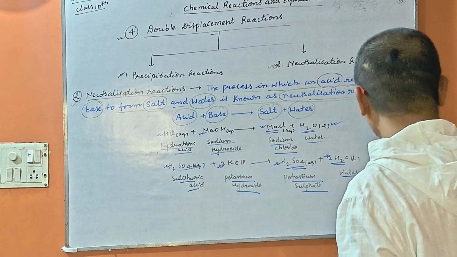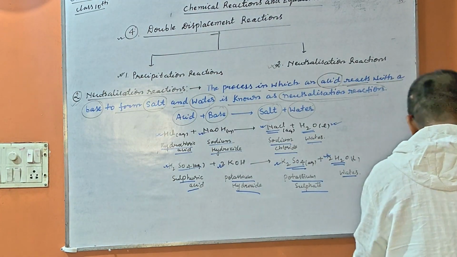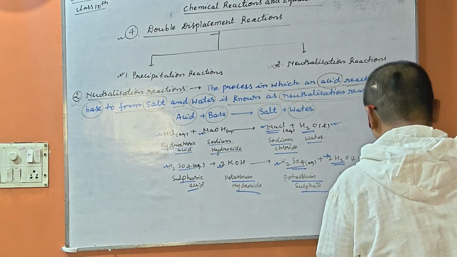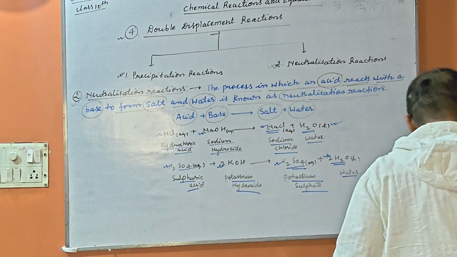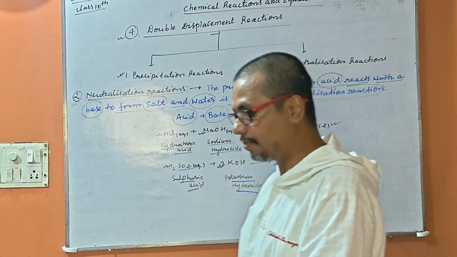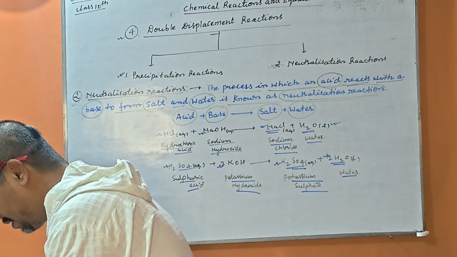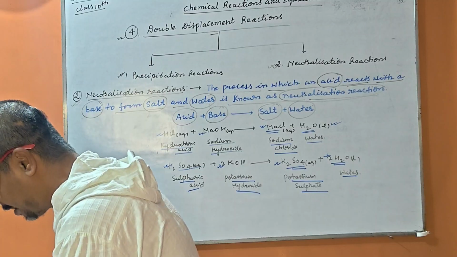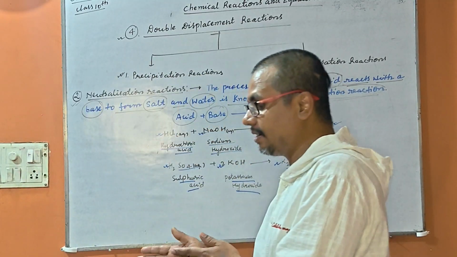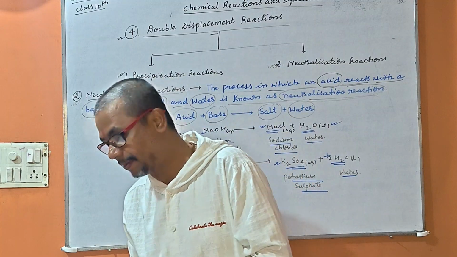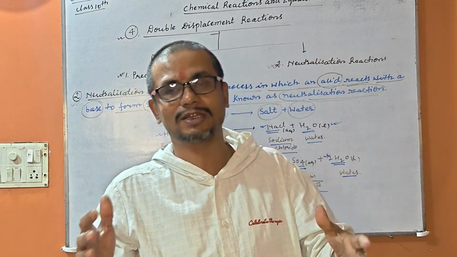So my dear students, this is all about today's video. We have discussed the double displacement reaction today. After that, we will read oxidation and reduction in detail in the next class, because oxidation reduction takes too much time.